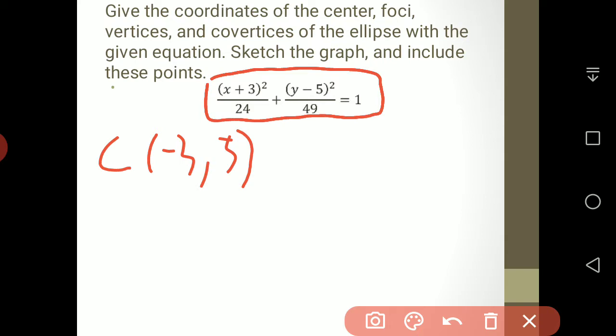and the denominator of the y variable is greater than the denominator of the x variable.